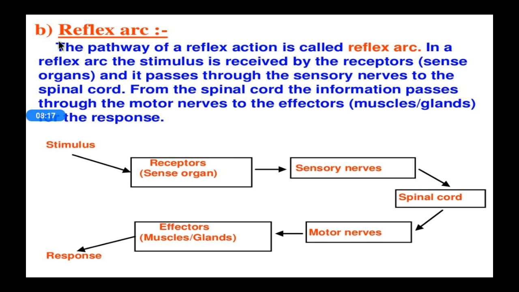And now you can see what is reflex arc. Reflex action may be defined as the spontaneous, automatic or mechanical response to the stimulus. That means a sudden, immediate response that we do. The information goes from the skin to the spinal cord, and from the spinal cord it comes through the motor nerves to the muscles, so that we withdraw our hands, right?